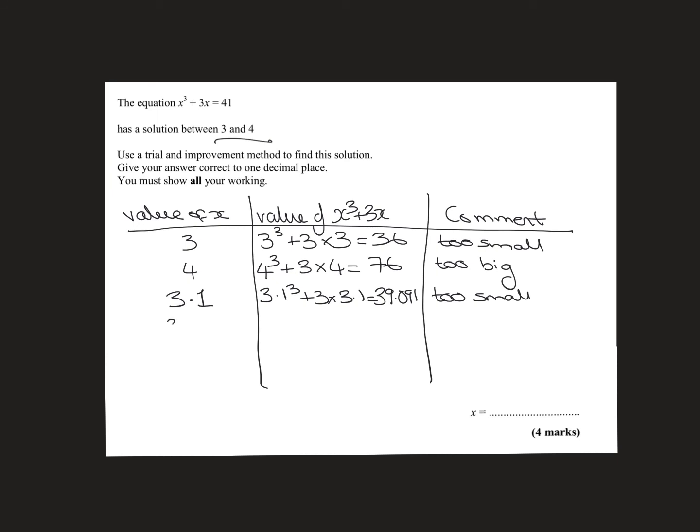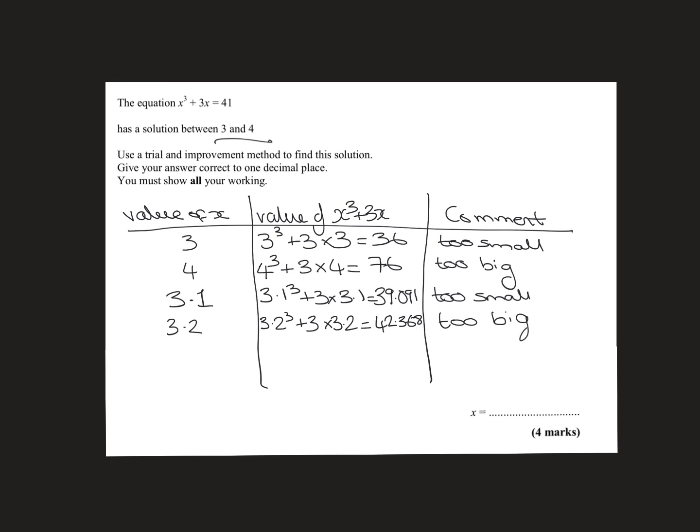Getting closer though, so I'm just going to go to 3.2 now. 3.2 cubed plus 3 times by 3.2 is 42.368, which is too big. That's over 41.